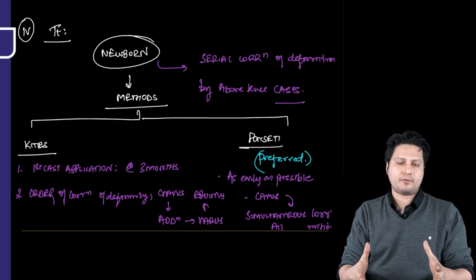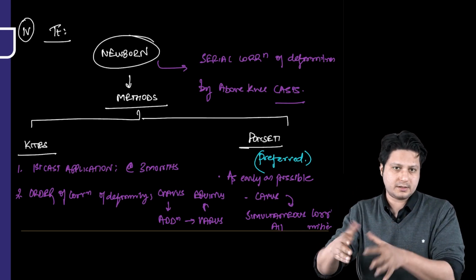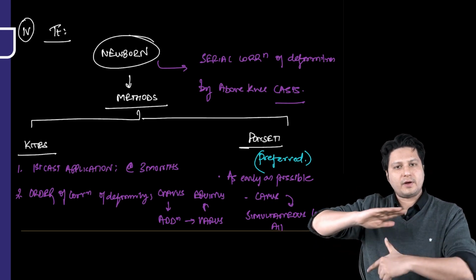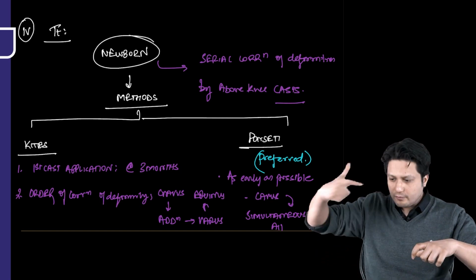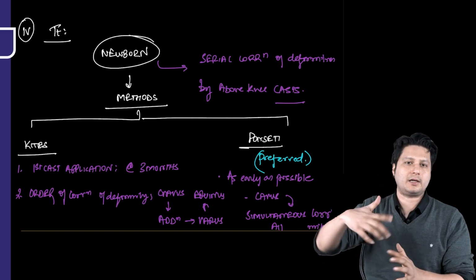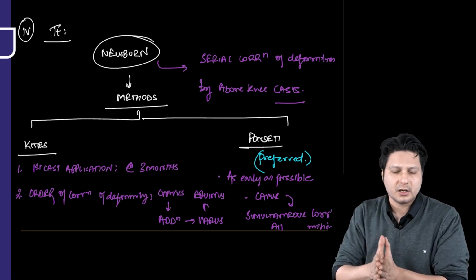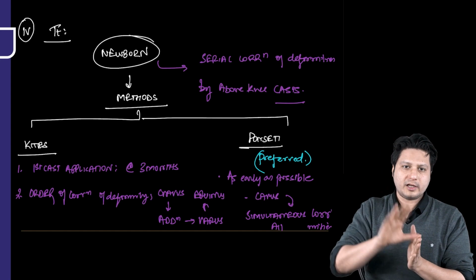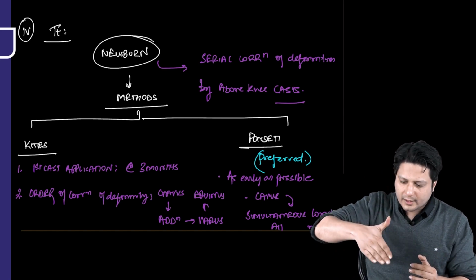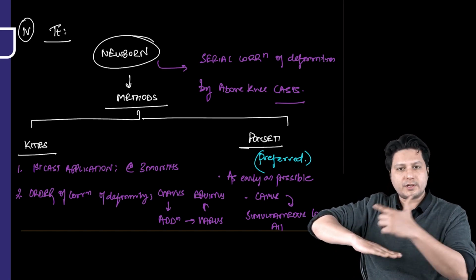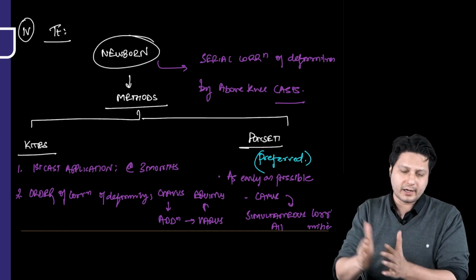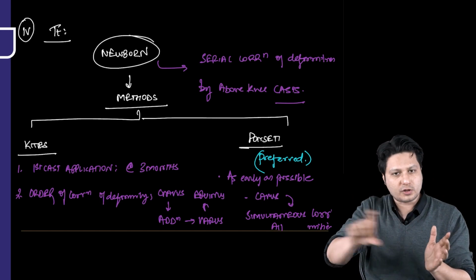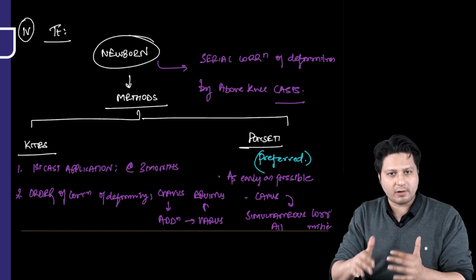All of you are aware of what exactly a cast is: a circumferential enclosure of the entire limb, or the limb that has to be corrected, within plaster of Paris. So serial correction of all the deformities means that gradually you correct all the deformities and enclose them inside the cast, and that cast is applied for around 7 days. Alright, so that is serial correction of all the deformities by the application of the above knee cast.